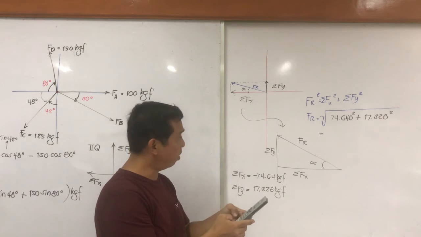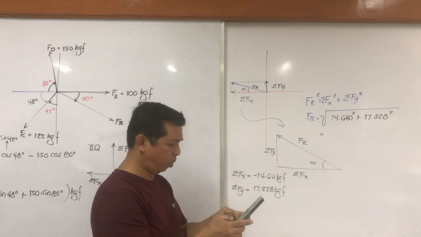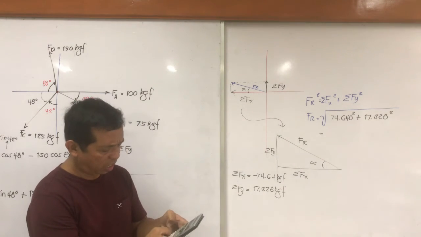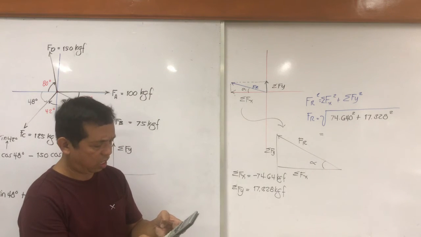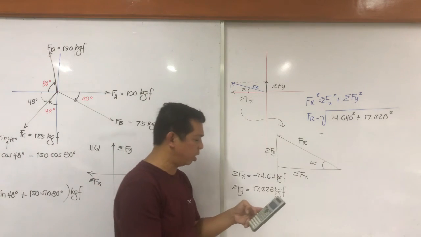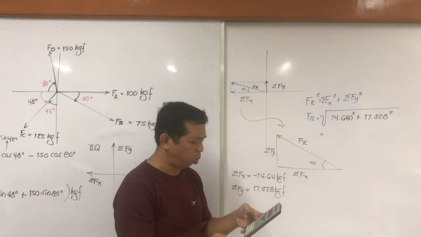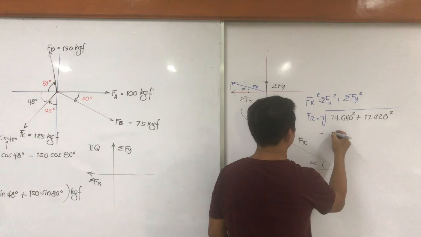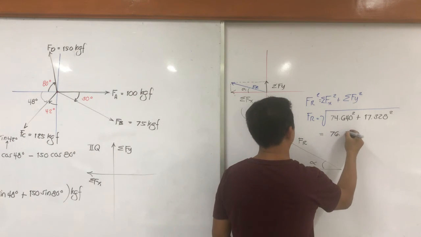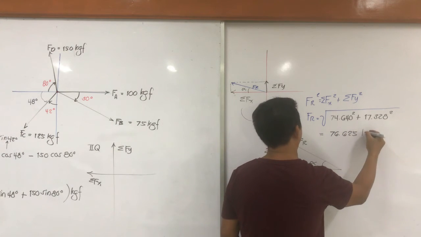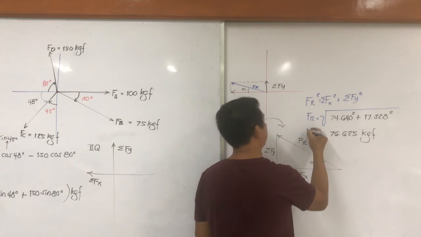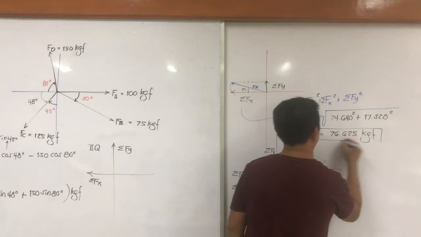And then extracting the root of the sum of squares, that gives us 76.625 kilogram force, the value for FR.